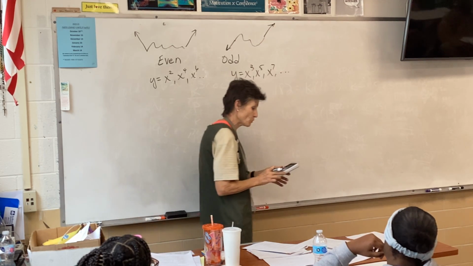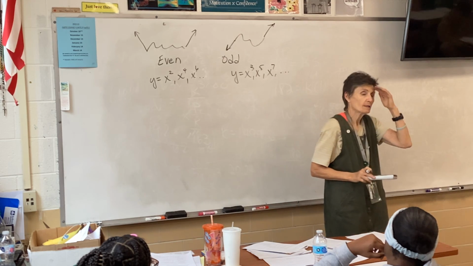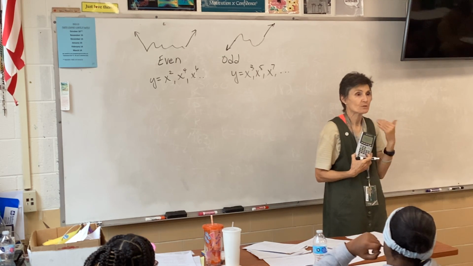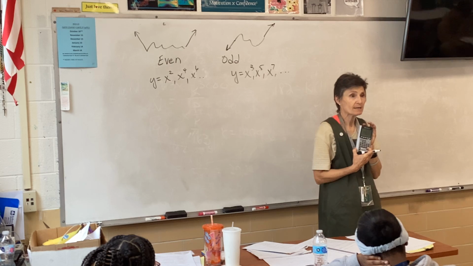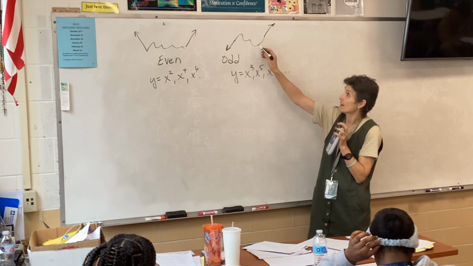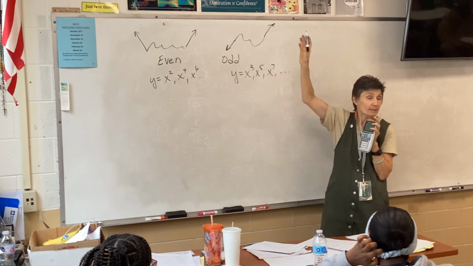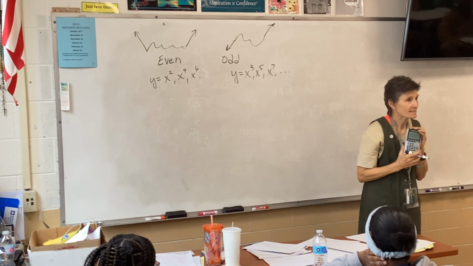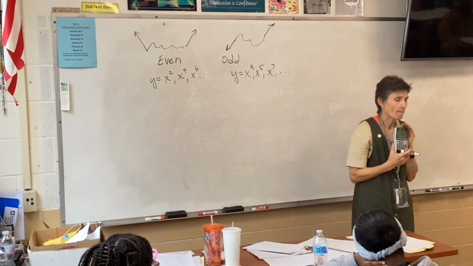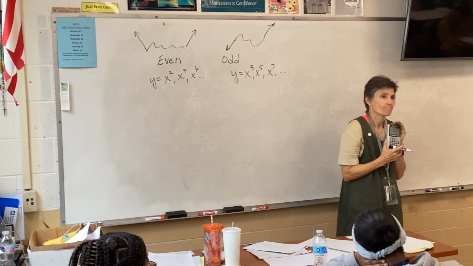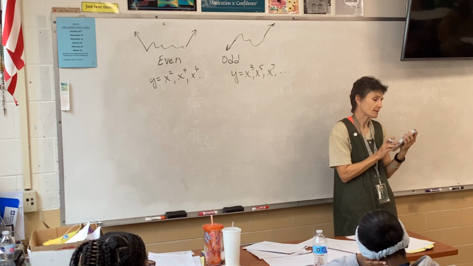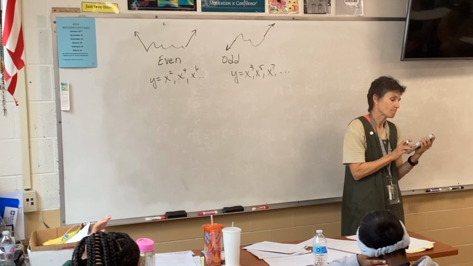Now, first of all, let's make some observations about what you saw. Did you see classic odd behavior? Does it start down here, do some stuff, and end up there? Yep. Where does it cross the x-axis? Can you tell? Where does it look like it crosses the x-axis?